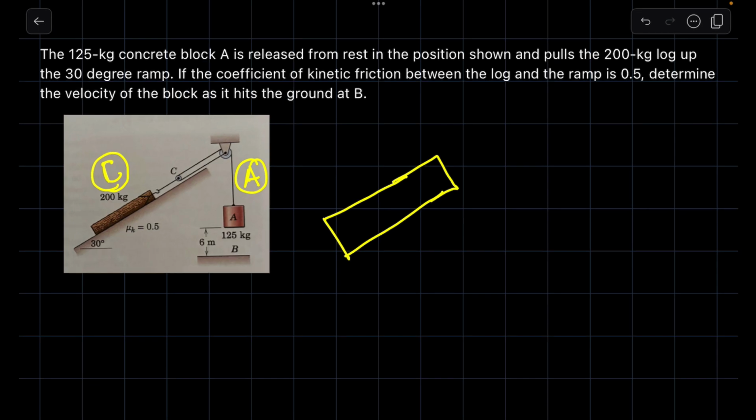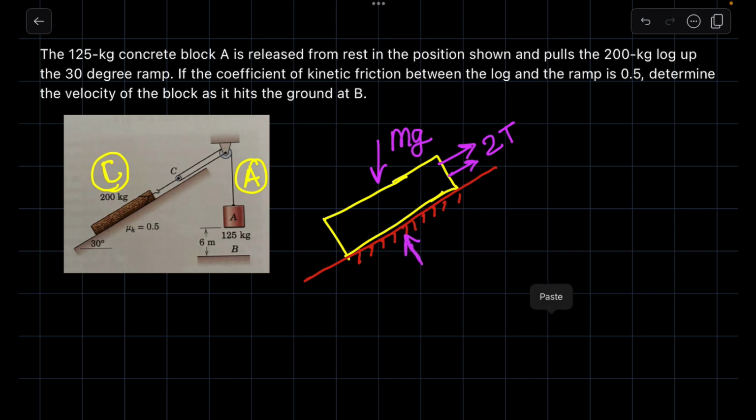In this picture you can see that the body C is on a surface, and it is pulled by 2 cables, so there are 2 tension forces. Secondly, it has a mass, so mg weight is working in the downward direction, and the normal force is perpendicular to the contact surface.